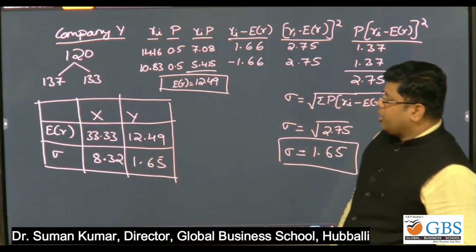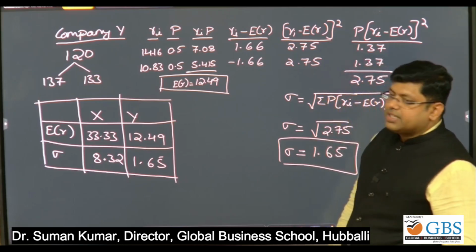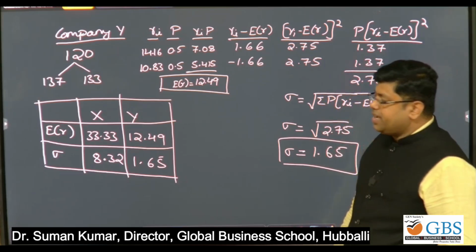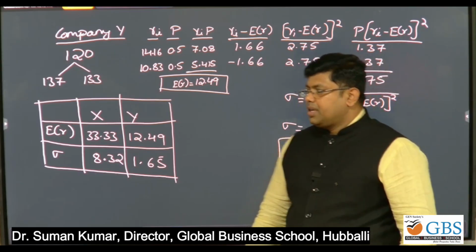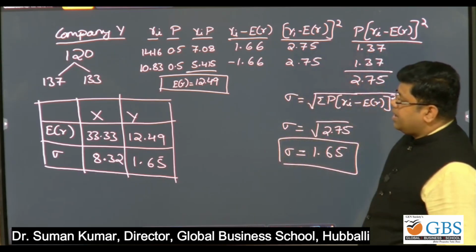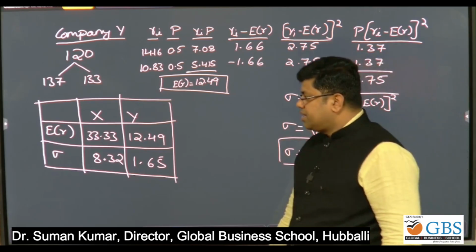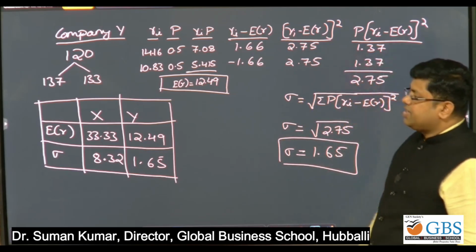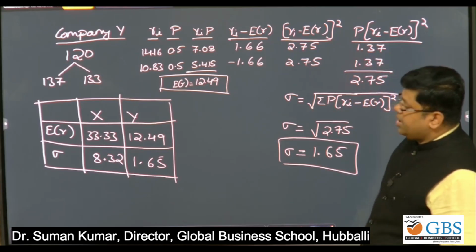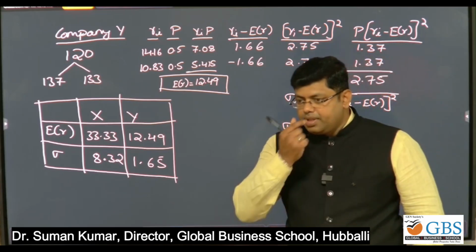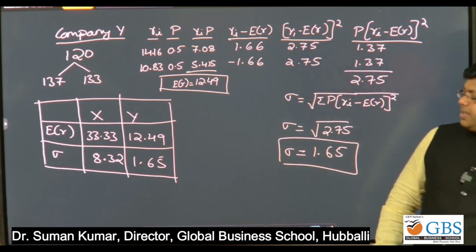So conclusion: company X return is 33.33% with a risk factor 8.32. Higher the return, higher the risk. An investor can choose X if he is willing to take some risk.